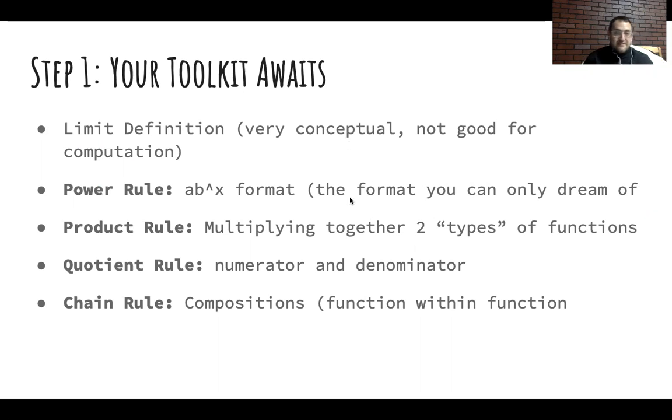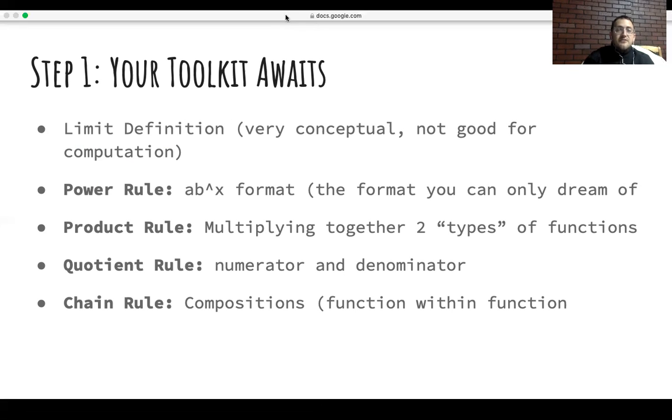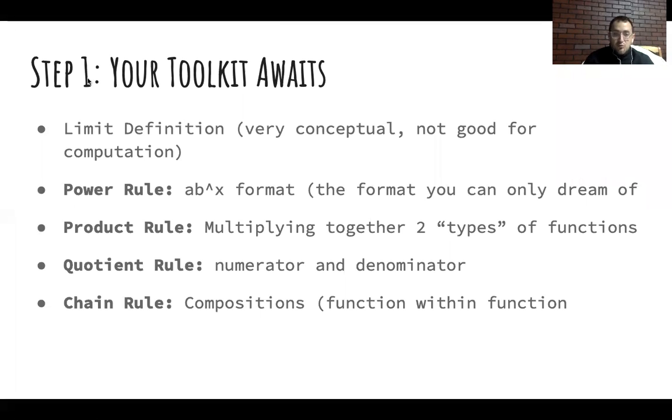I do not recommend, for computational purposes, the limit definition. We haven't done that in a while, and I don't think we need to do that because now our goal is computing things. But you should be looking at power rule, product rule. So this is when you have the multiplication, the quotient rule, and the chain rule. So I'm just going to write those basic rules, especially the product and quotient.